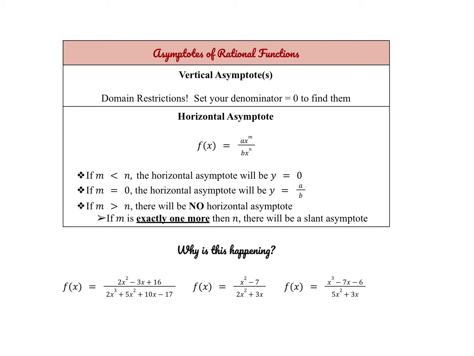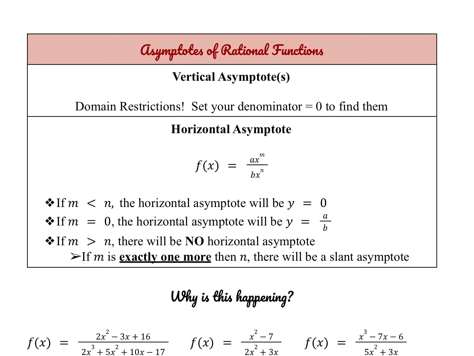Okay, so going back to rational functions, if you remember from our last lesson, rational functions have vertical asymptotes, sometimes one, sometimes more, and they can also sometimes have horizontal asymptotes as well. And then we did a little exploration activity that helped us to find where these asymptotes occur.